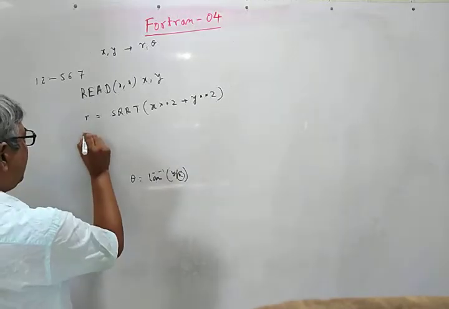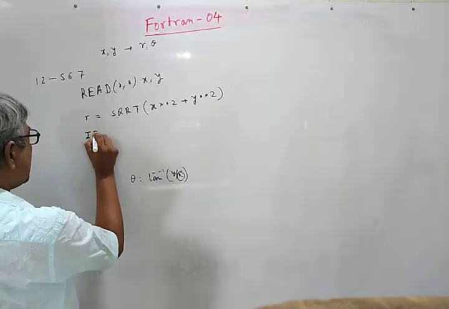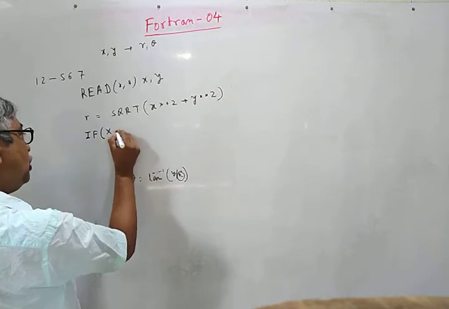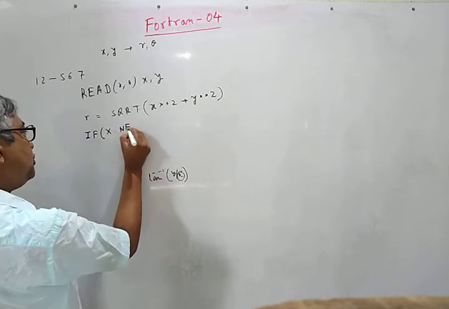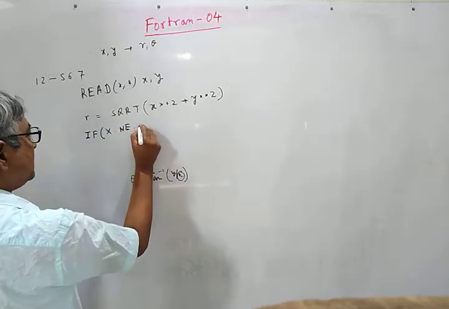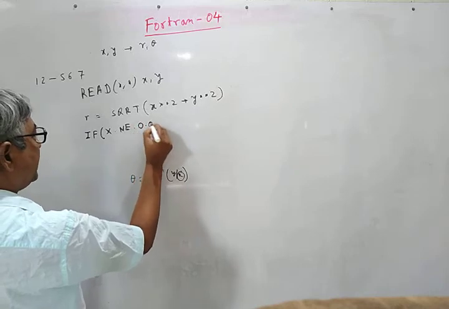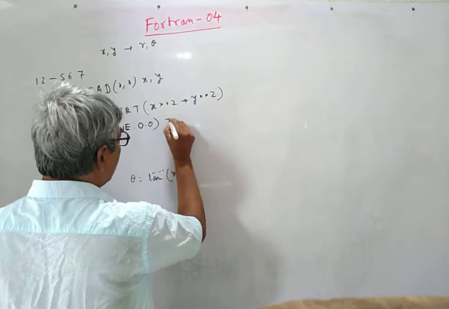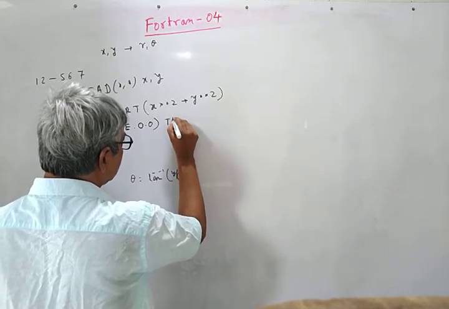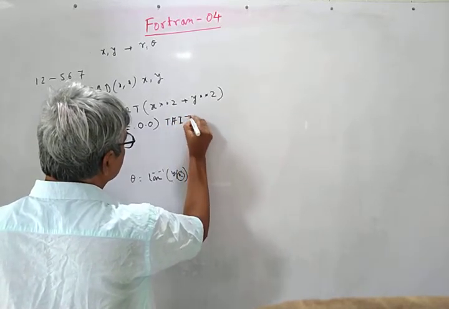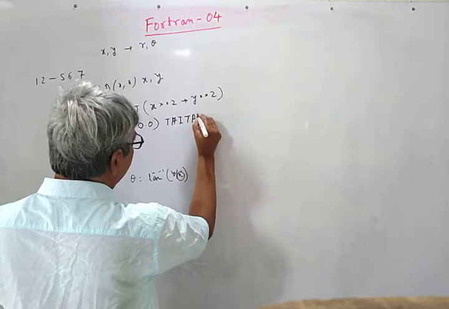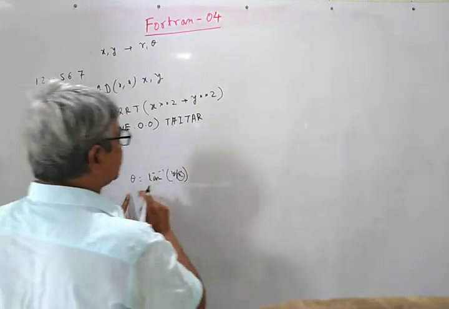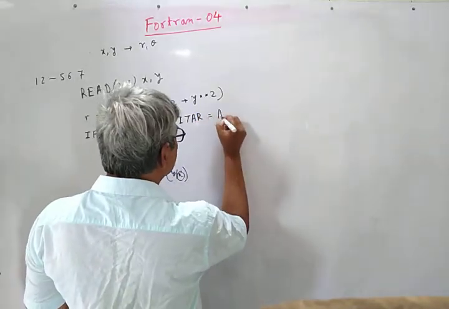So we write if x not equal to 0.0, then theta in radian, because the output is in radian.